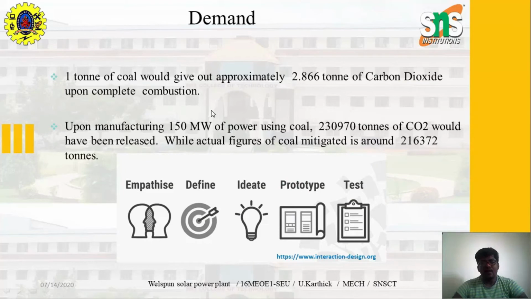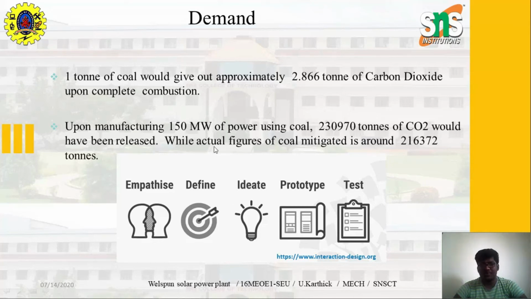So based on that, we need to know how much CO2 is produced per ton of coal. 1 ton of coal will produce 2.86 tons of carbon dioxide, and upon generating 150 megawatt of power, it should produce almost 2,30,970 tons of CO2.